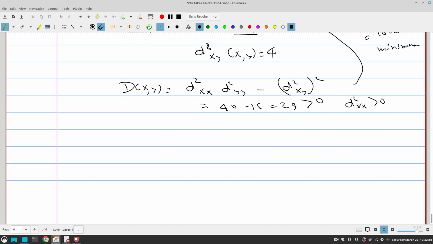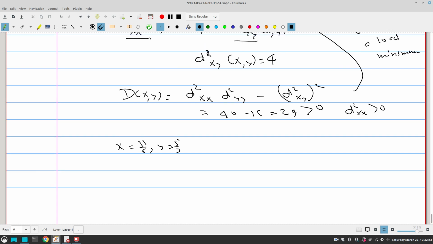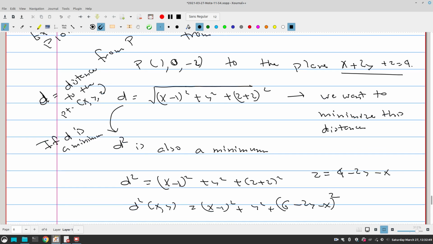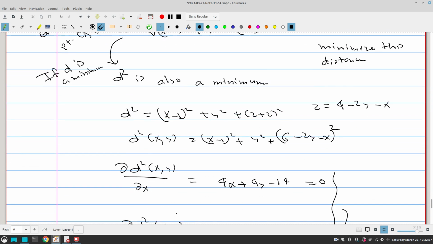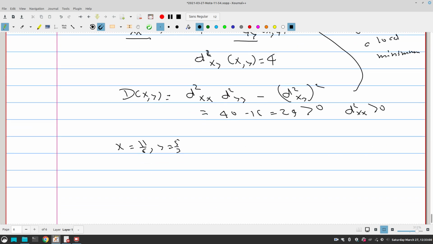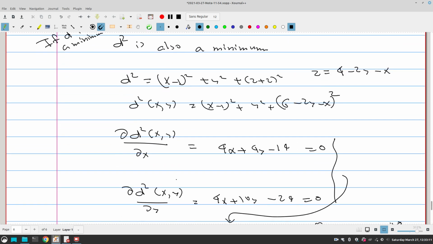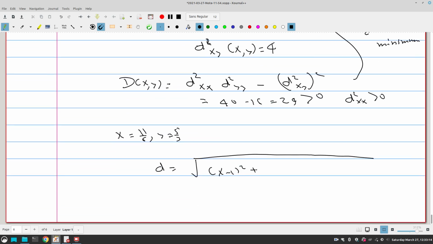So the shortest is, so if x equals 11 by 6 and y equals 5 by 3, then d, remember d is given by the square root of x minus 1 whole square plus y square plus z plus 2 whole square. So we know z from x and y. So remember, d is given by the square root of x minus 1 whole square plus y square plus 6 minus 2y minus x square whole square.